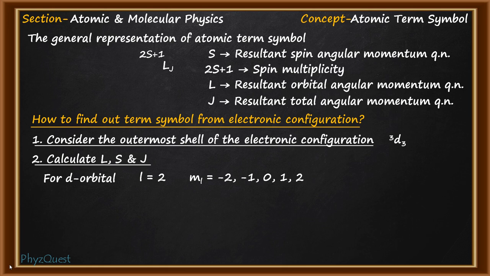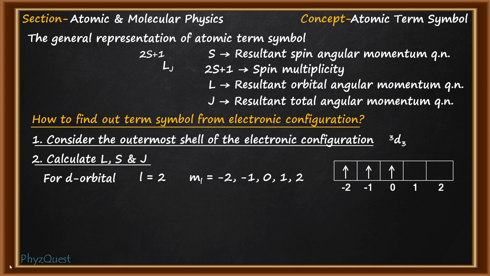So it will have 5 subshells. Now we have 3 electrons. According to Hund's rule, pairing of electrons happens only after each subshell has got 1 electron. So the 3 electrons will be filled in the subshells one by one, and 2 subshells will remain empty.